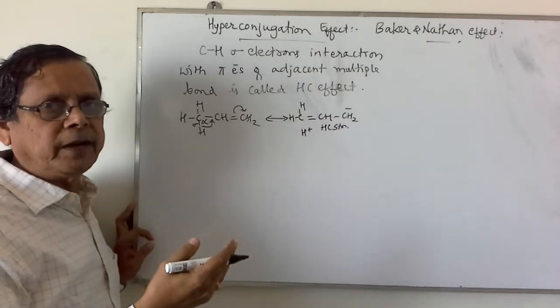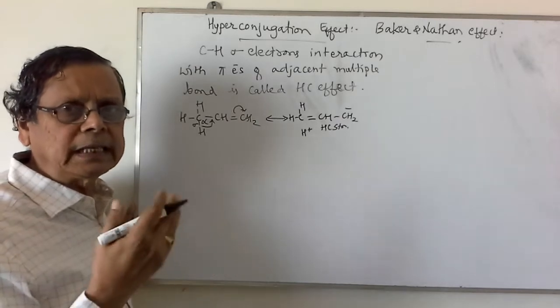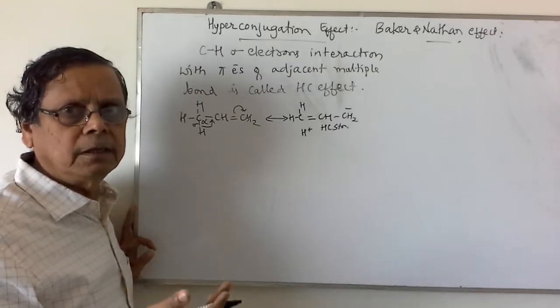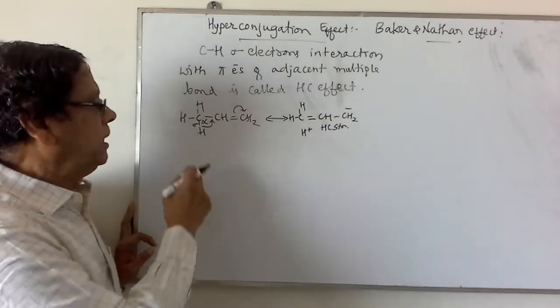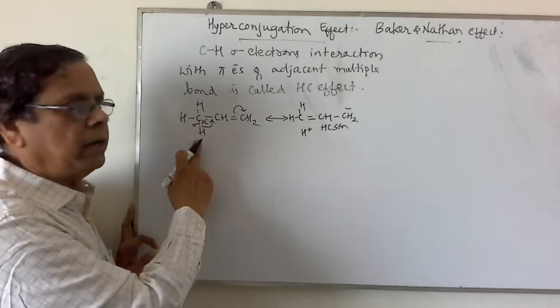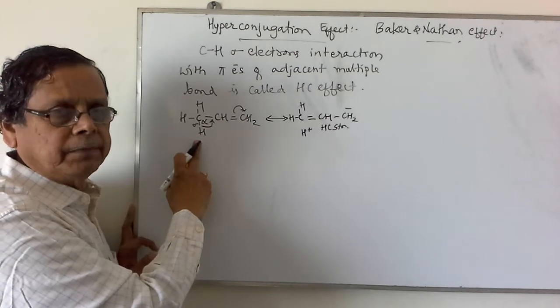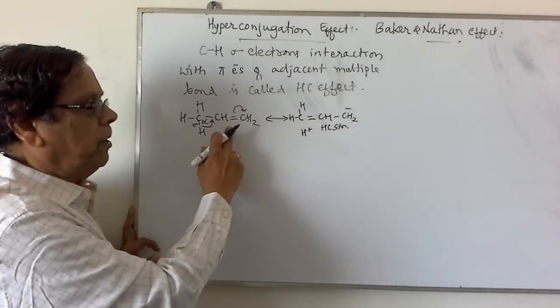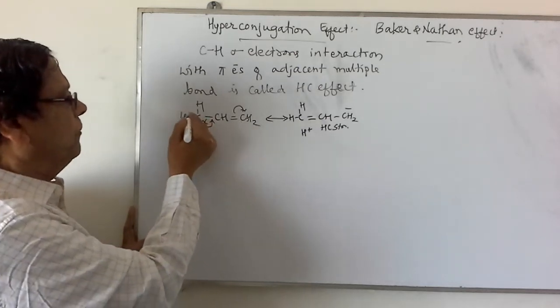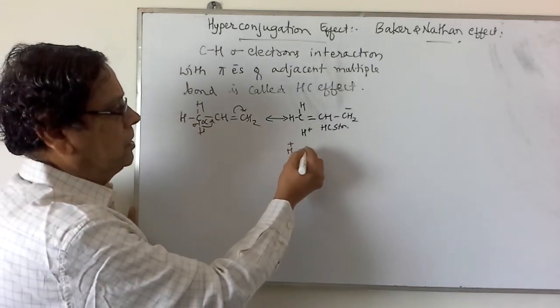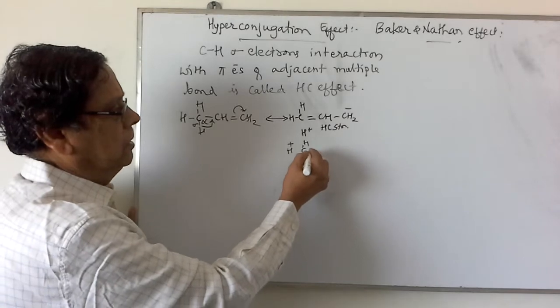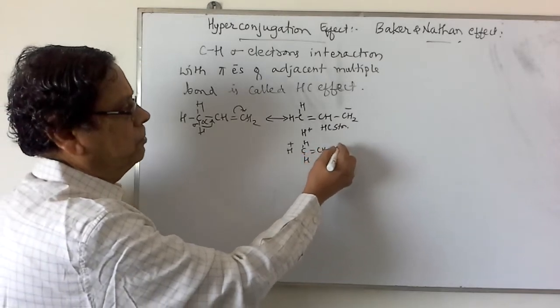This is just like the resonance effect or mesomeric effect. But in the resonance effect, we consider the interaction of two multiple bonds, or of a multiple bond with a lone pair. Here it is the sigma electron of the carbon-hydrogen bond of the alpha carbon atom interacting with the multiple bond. Similarly, for the second hydrogen we can write H+ CH=CH-CH2 minus.